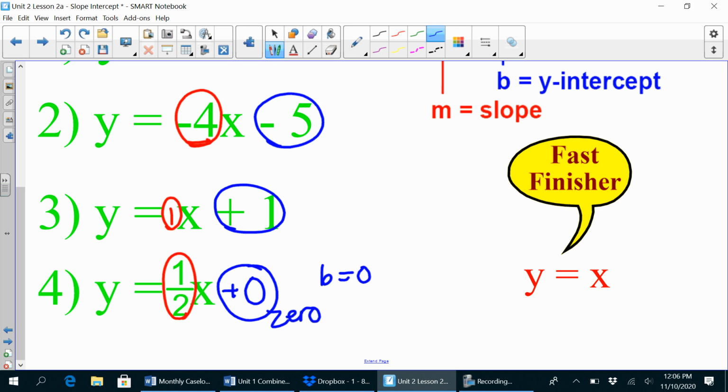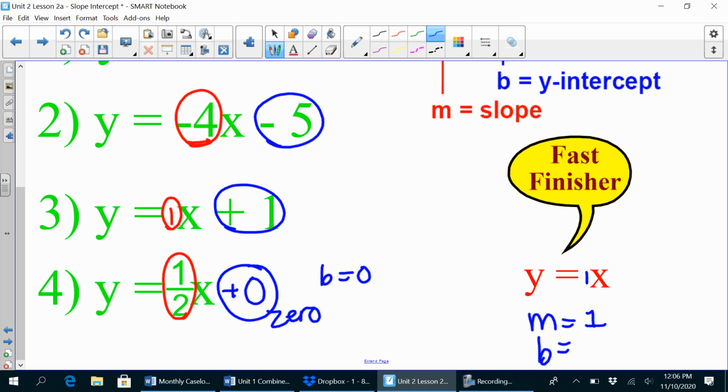Let's take a look at the fast finisher. Y equals x. So if I need to identify my slope and my y-intercept, just like in example number 3, we don't see a number in front of the x, but we always assume that the number in front of a variable is a 1.